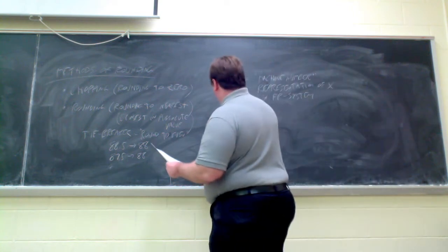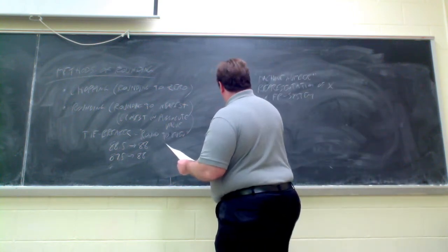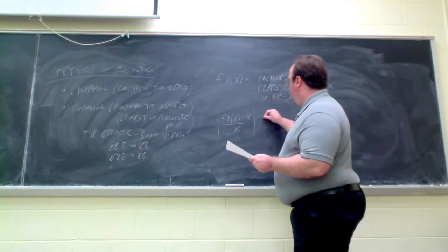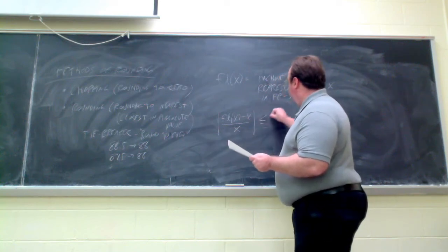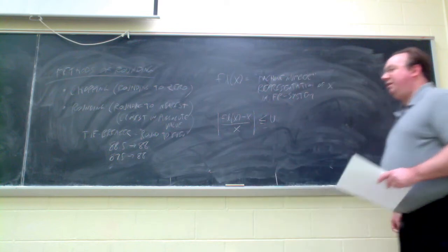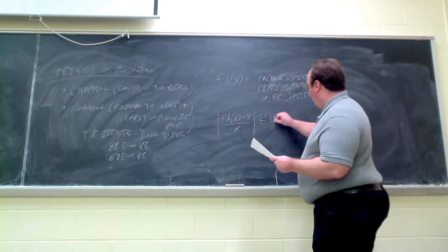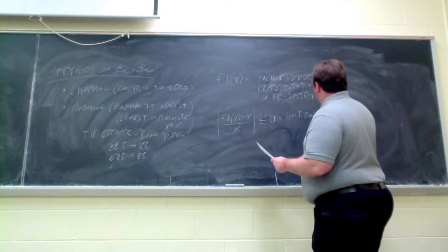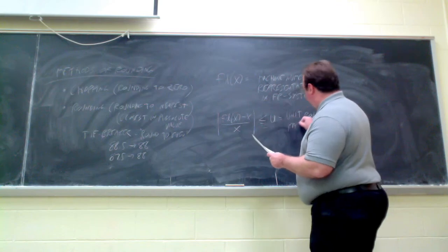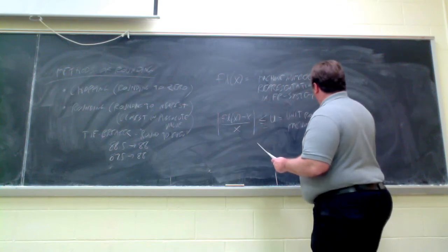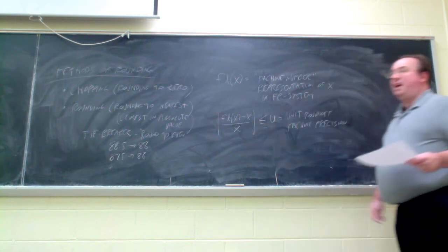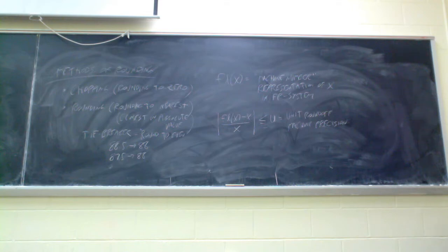So this quantity, fl of x minus x, divided by x, assuming x is non-zero, is bounded by this number u, and that actually has many names. It's called the unit round-off, also called machine precision. So it's basically the maximum relative error that you can get in a number by rounding.